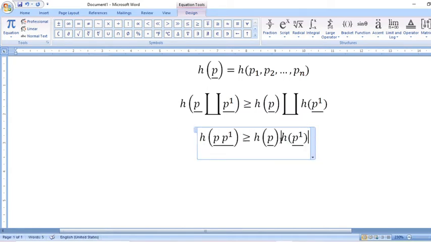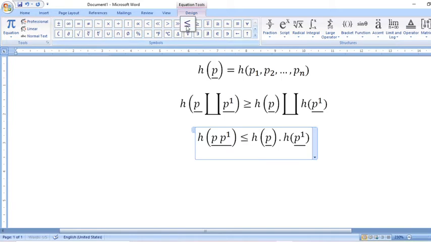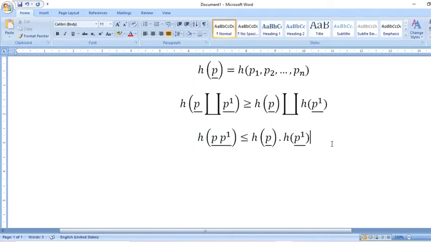Okay. So inequality will change. The second result. Okay, this we have to prove.